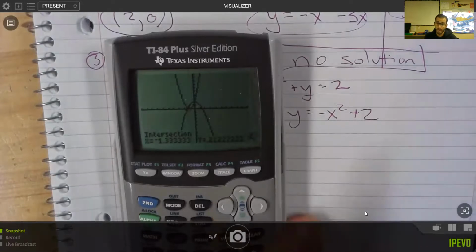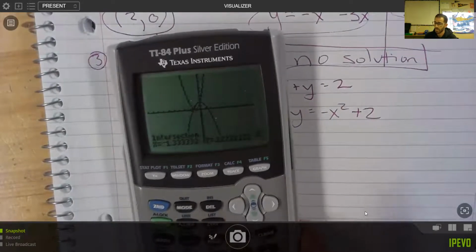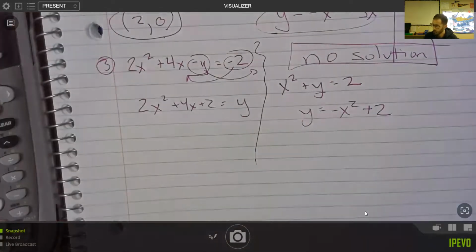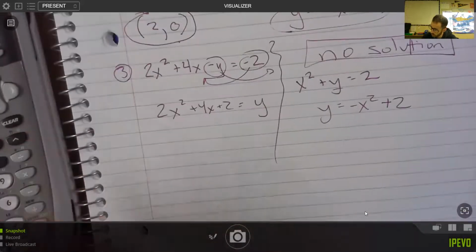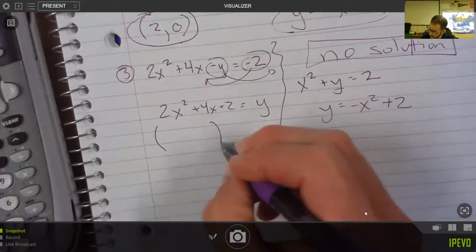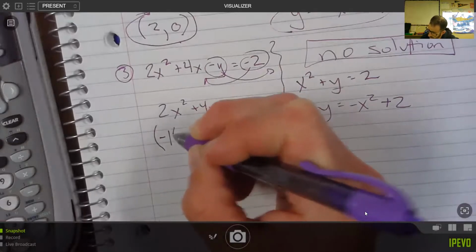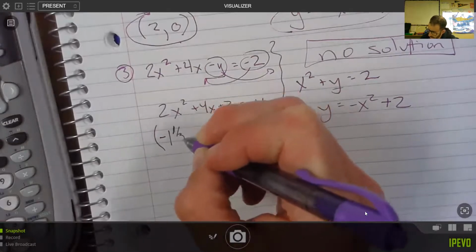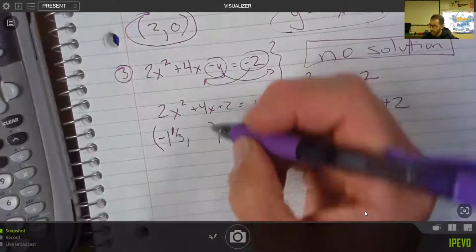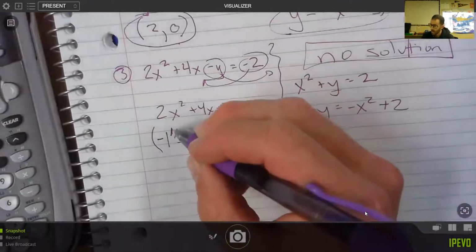Okay, now you are definitely not allowed to write these numbers down as decimals. So the first coordinate, I'll take mixed numbers, -1 and 1/3. And anytime a number is repeating, it's over 9.